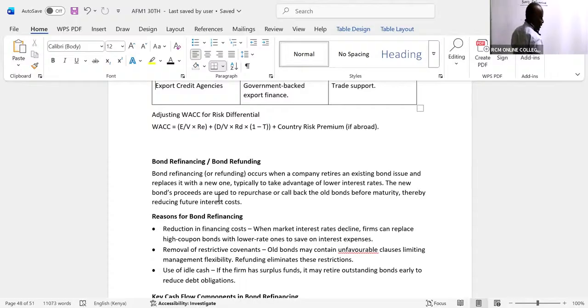I will read very slowly in a way that you'll be able to follow. It has been updated. So bond refinancing or refunding occurs when a company retires an existing bond issue and replaces it with a new one, typically to take advantage of lower interest rates.